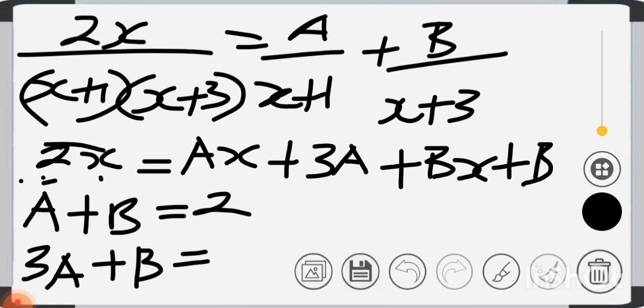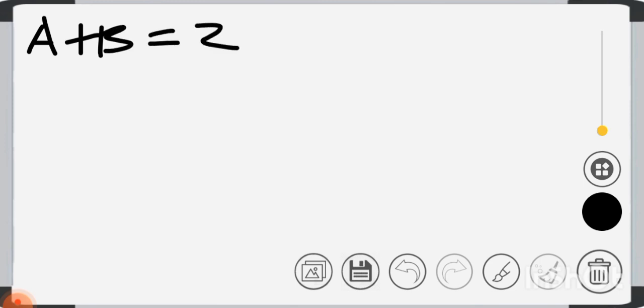The only thing is I don't have s here. That is equal to 0. So we have a plus b is equal to 2, and 3a plus b is equal to 0.